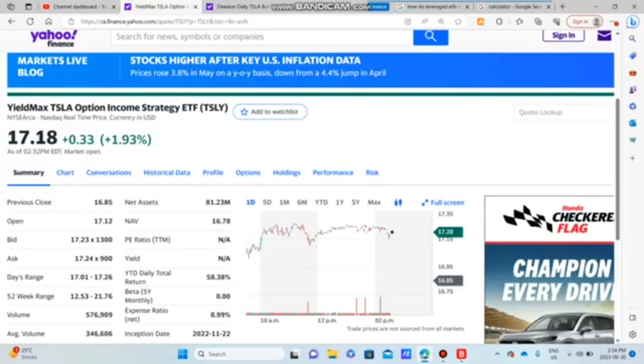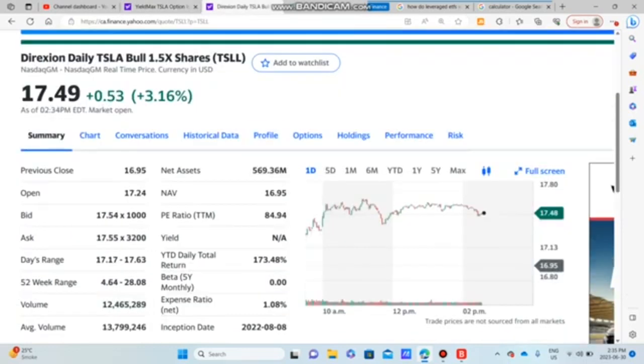So you guys all know about TSLY. So what I want to do is start with TSLL. So what is this Direxion Daily Tesla Bull 1.5 times shares?